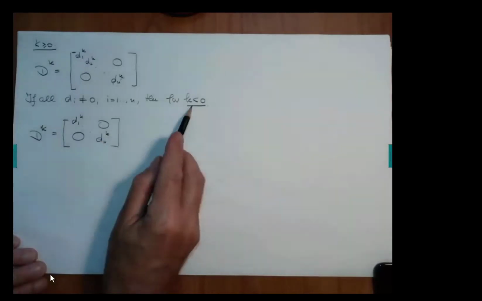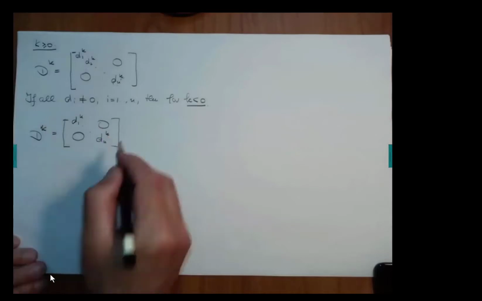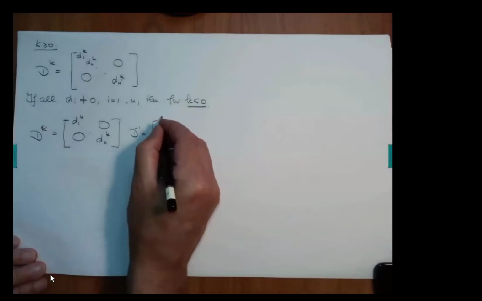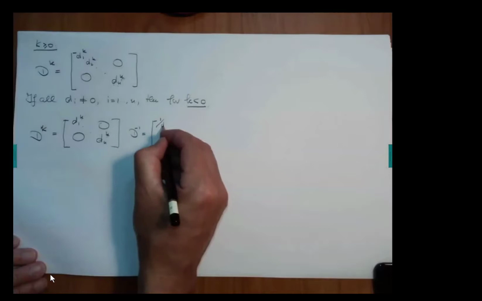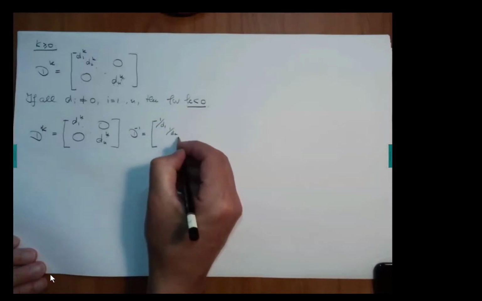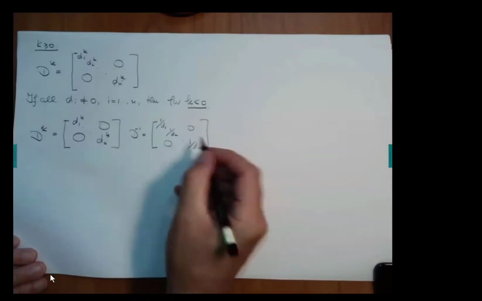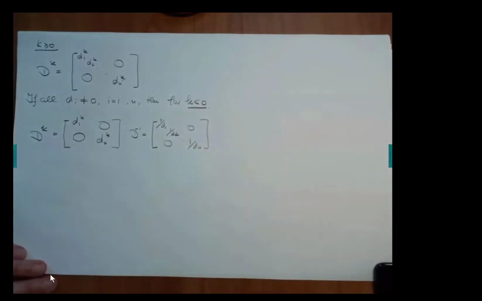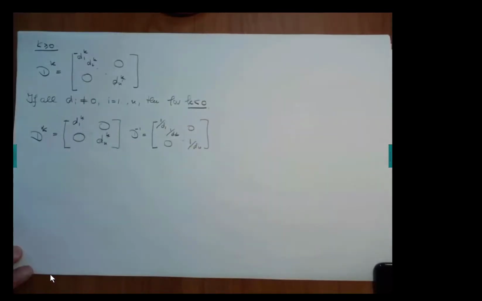Because now we have a negative exponent, but these numbers are non-zero, we can actually calculate this. Especially, we have the inverse in the same way as D1 to the power of -1, and now I write it differently: 1 over D1, 1 over D2, up to 1 over Dn. So this is just the inverse. Keep in mind, 1 over D2 is the same as D2 to the power of -1. This is very nice about diagonal matrices. Powers are easy to calculate.